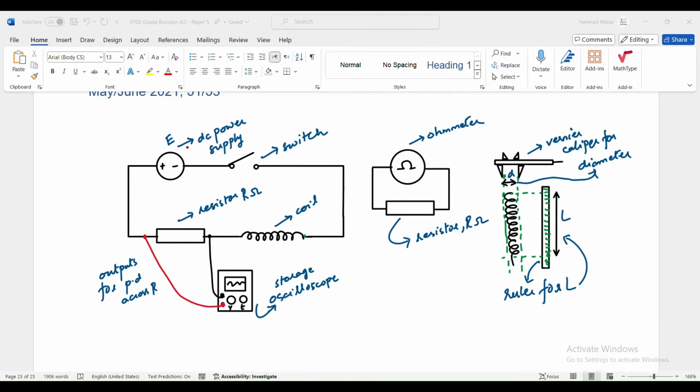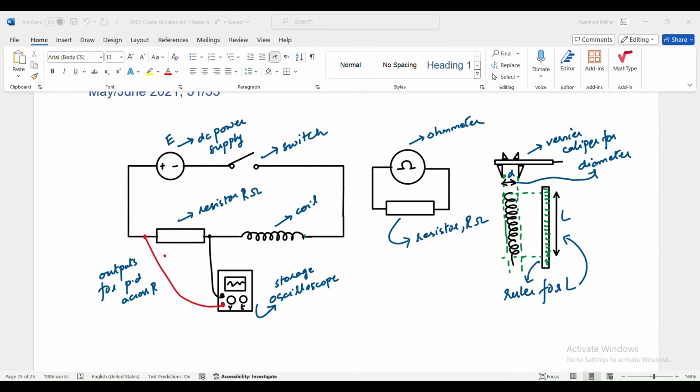So, let's talk about these things. This is a switch and DC power supply that we were asked to include in the circuit. Resistor and coil are the same as before. However, the method for measuring the current or the time to reach the maximum current, for me it's different, for you it could be different. You could add an ammeter with a data logger.